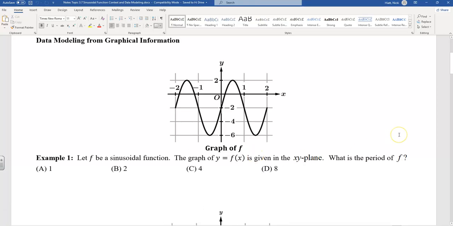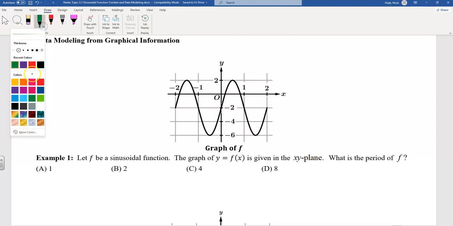Let f be a sinusoidal function. The graph y equals f of x is given in the xy-plane. What is the period of f? This is not really a new thing, this is just a little bit of review. I like to draw in the midline every time I have a graph.